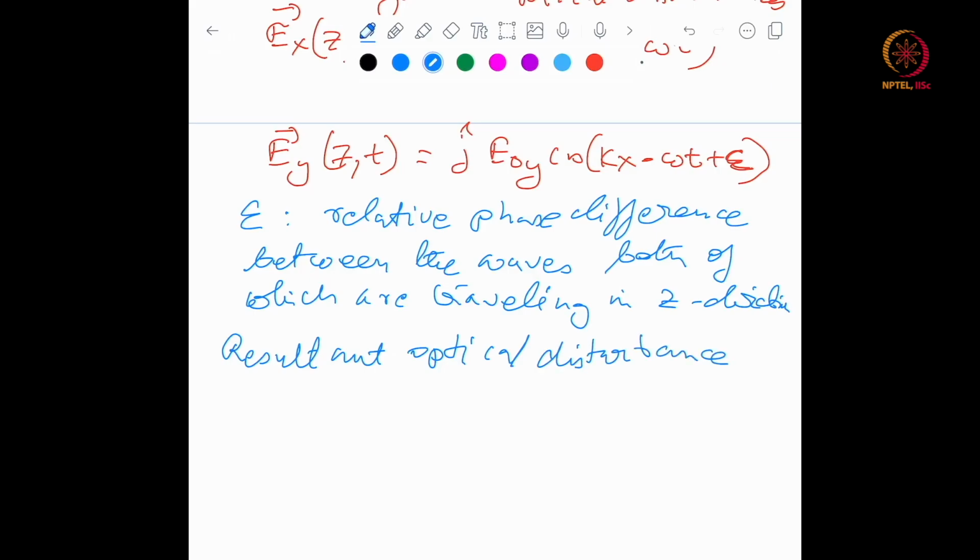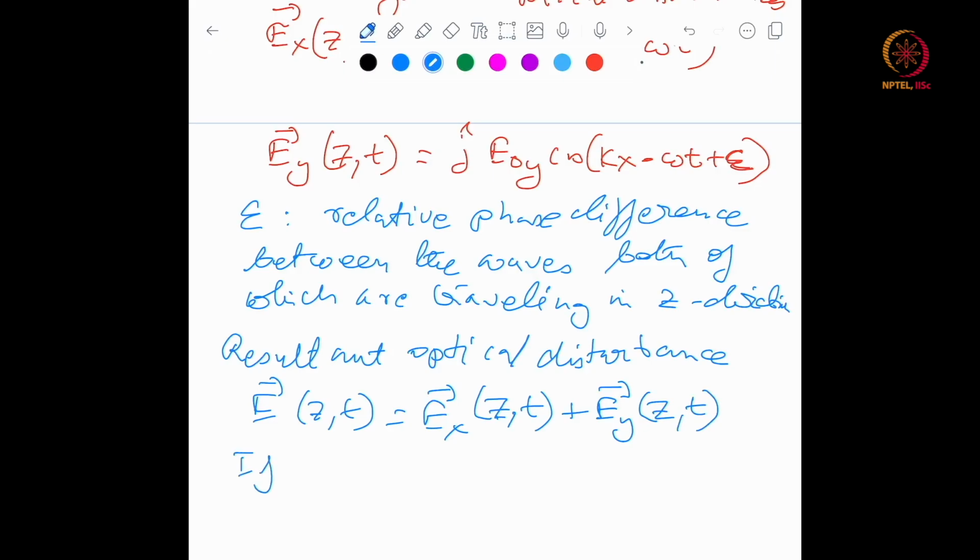given as E(z,t) is equal to Ex(z,t) plus Ey(z,t).